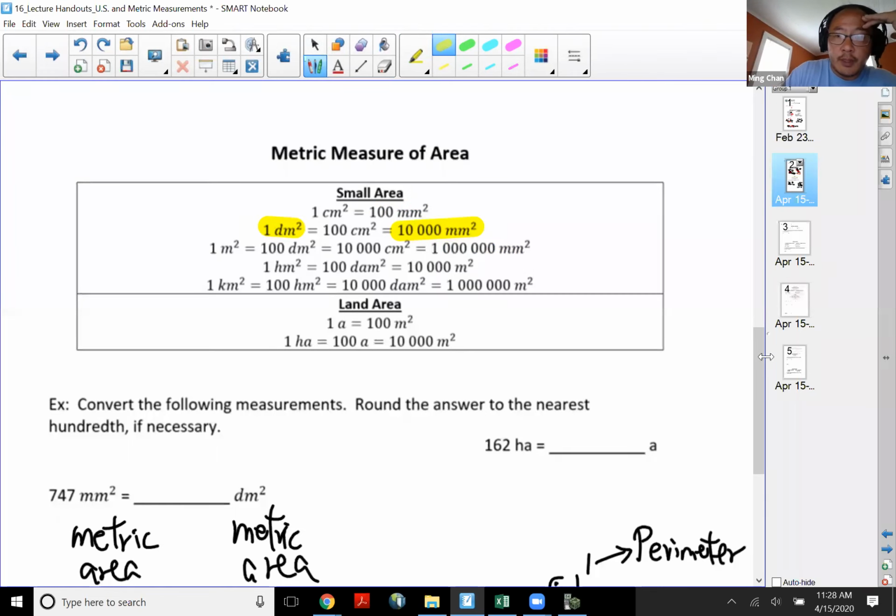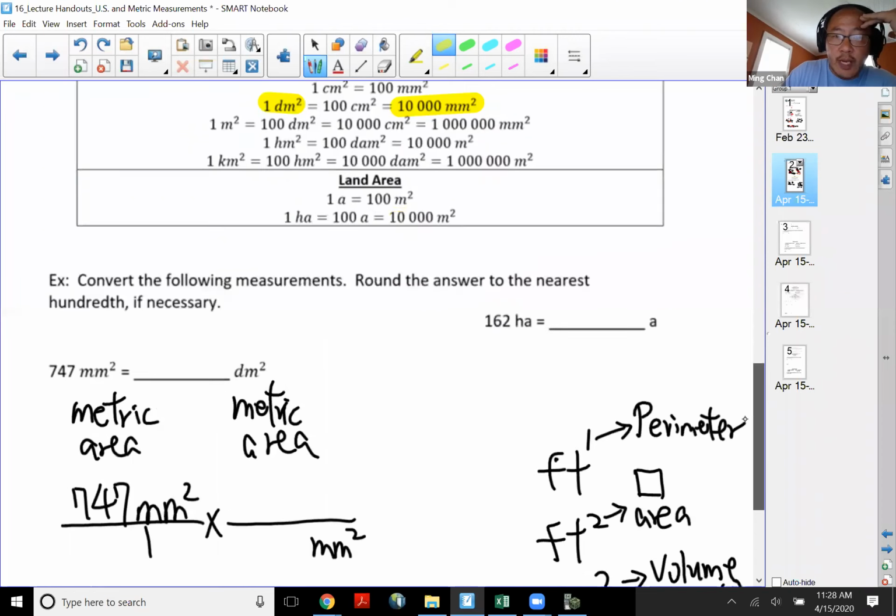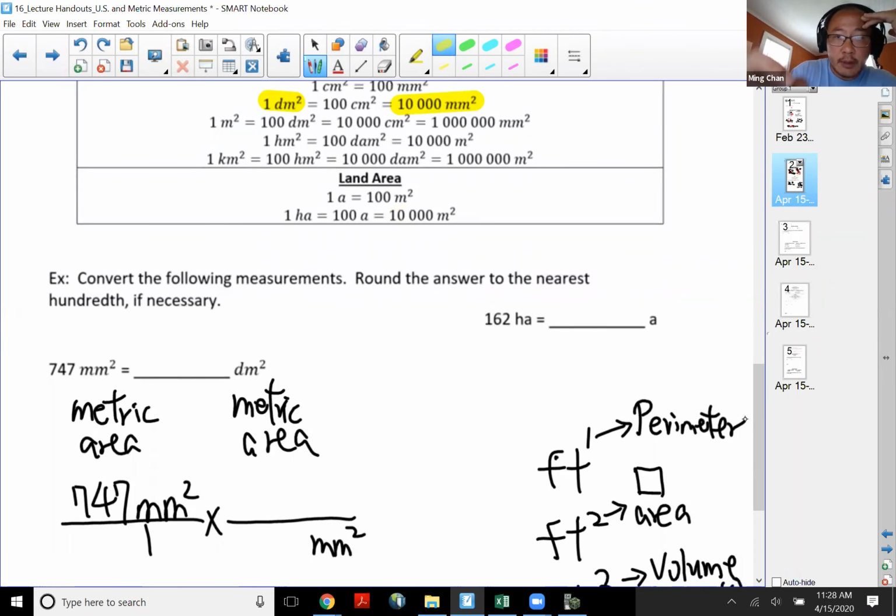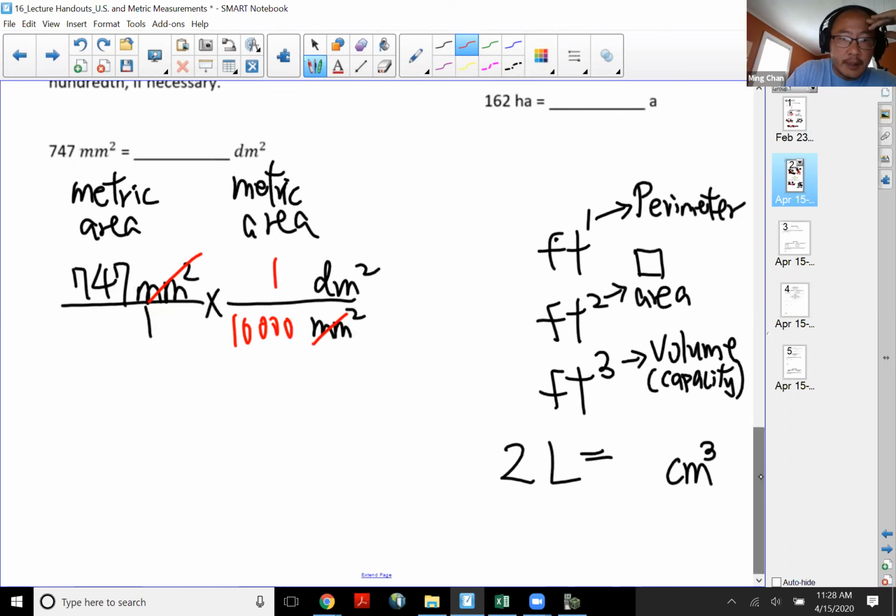All right, so what this shows me is I do have a direct conversion in the chart that will take me from square milli to square deci. And my ratio is 1 square deci to 10,000 square milli. So the 2 units canceled out. This problem now becomes 747 times 1, which is 747, over 1 times 10,000, which is just 10,000.